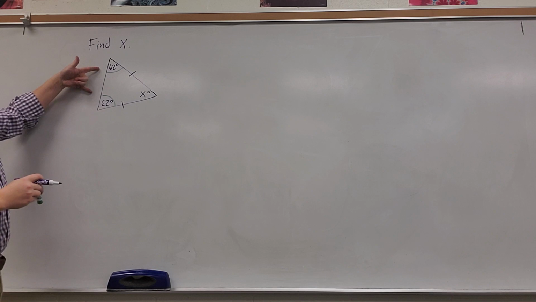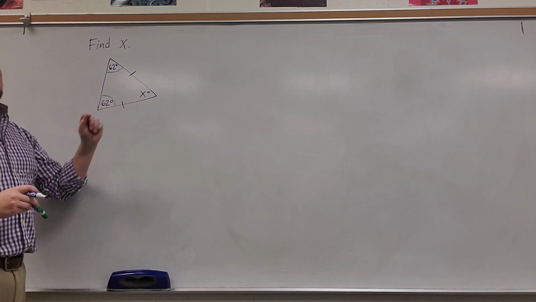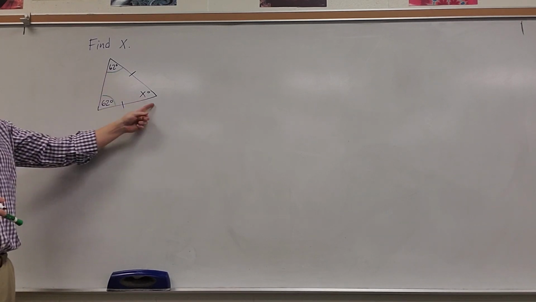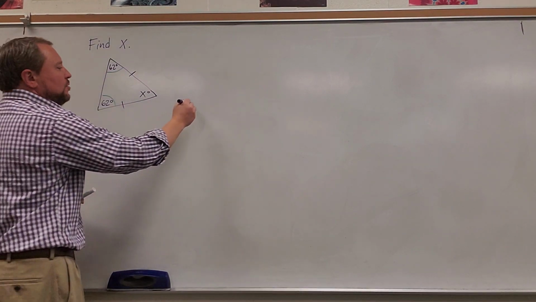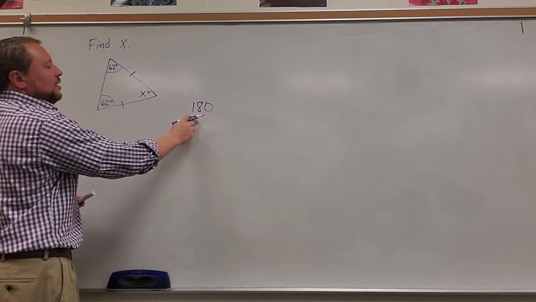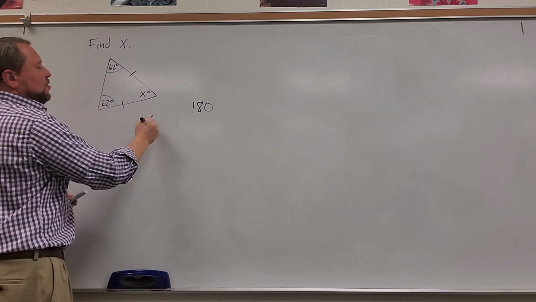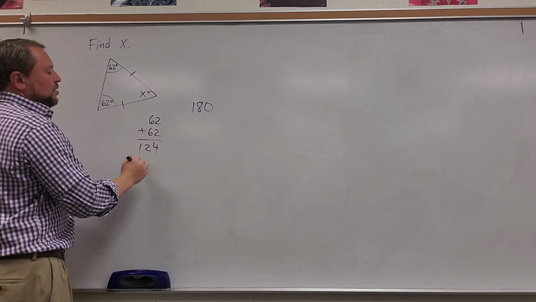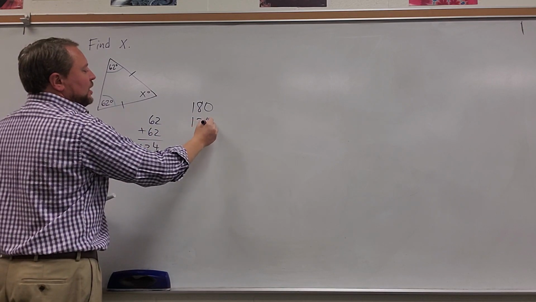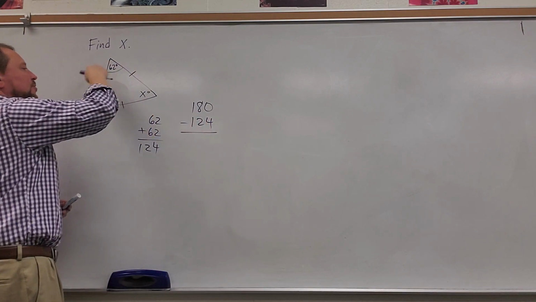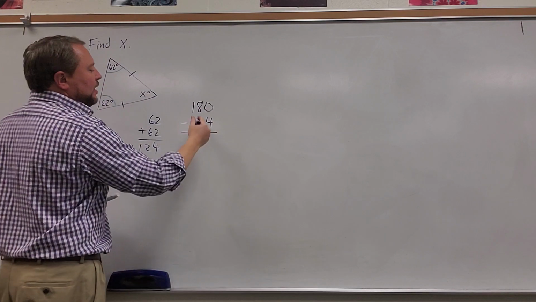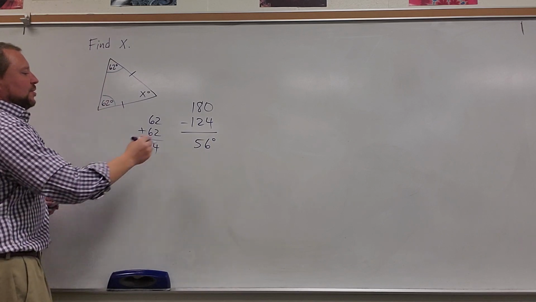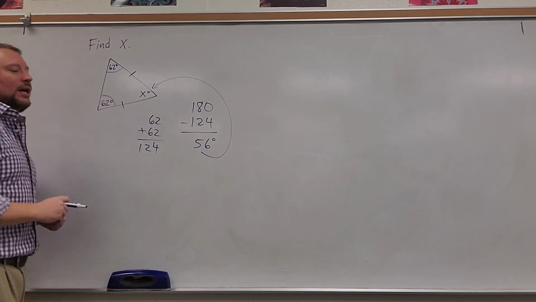So those two match. And then do you see that the last angle of any triangle can be found by simply using the fact that all three must add up to 180. So if I add up what I have so far, 62 plus 62 is 124, and I take that away from the 180 for the whole triangle, that leaves me with 56 degrees for our last remaining angle.